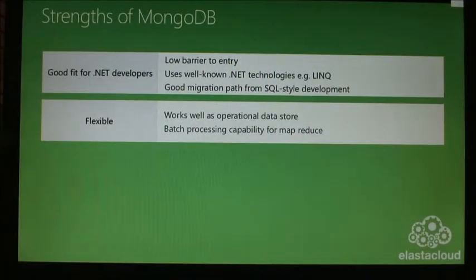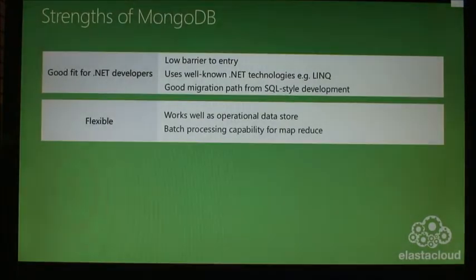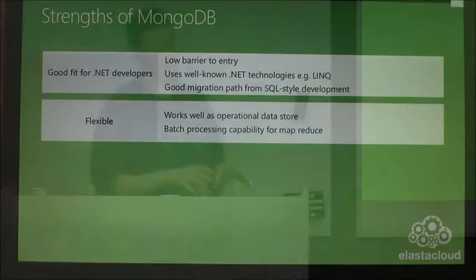So quickly through the strengths, there's a great .NET SDK, which I'll show you in a sec. It works really well as an operational store. And when you get to the point where you've got a lot of data, but you don't necessarily need to go to Hadoop because you're making maybe domain model queries which are very well understood and don't show too much variance, too much programmatic intent at the point of query, then you can build in this map reduce function, which is actually part of MongoDB.